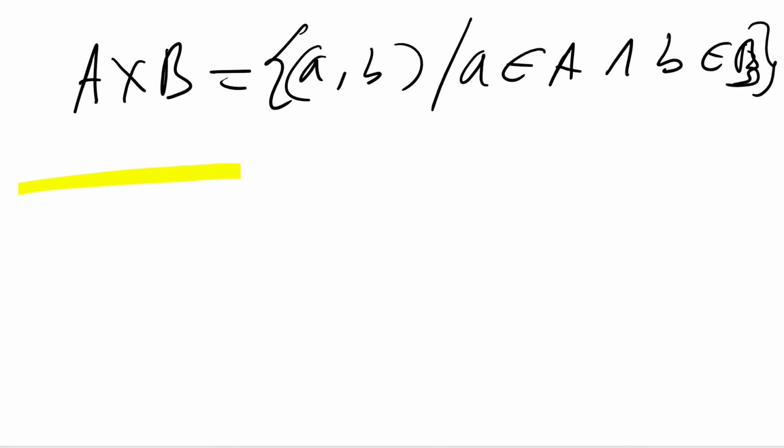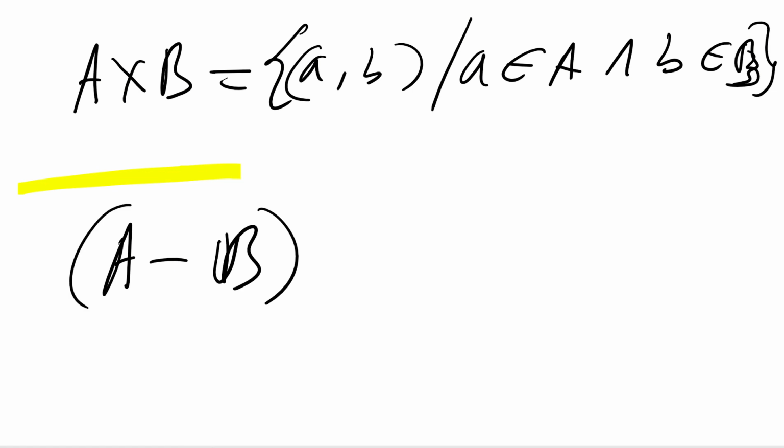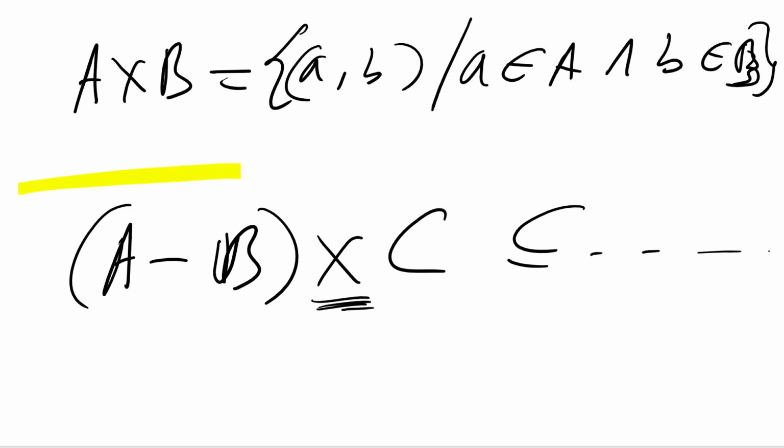It's the same idea if you have to prove that (A union B) cross C is a subset of something. Because you have the cross product here, you cannot just pick one element like we usually do.